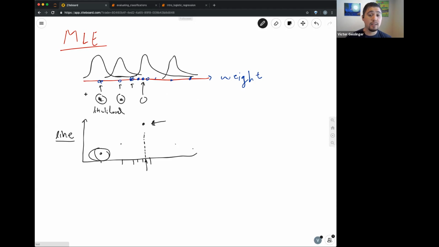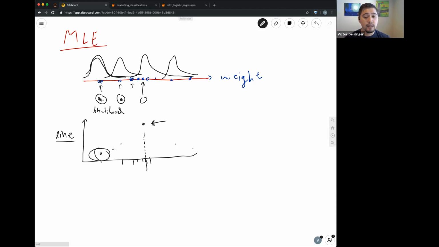Basically, you take each data point and you say, based on the distribution I'm looking at, let's calculate the likelihood, which is essentially just all the probabilities of my data points. The probability of this data point happening with this distribution, this data point happening with this distribution, multiplying all this together, that will give us the likelihood. And then we say, let's move our distribution, and we could do this continuously too.